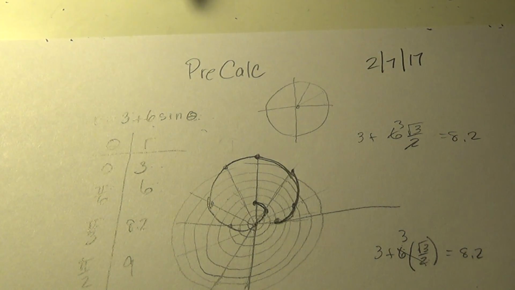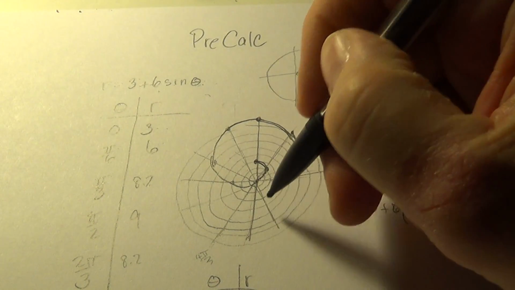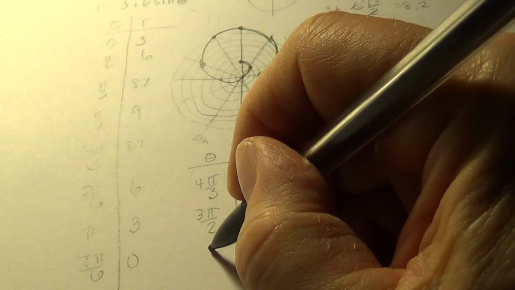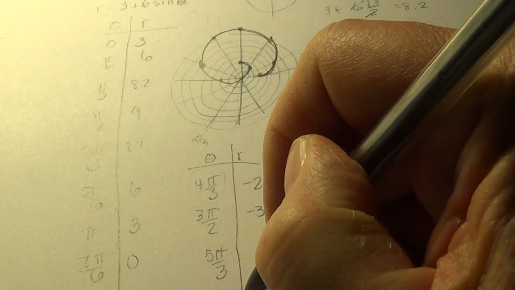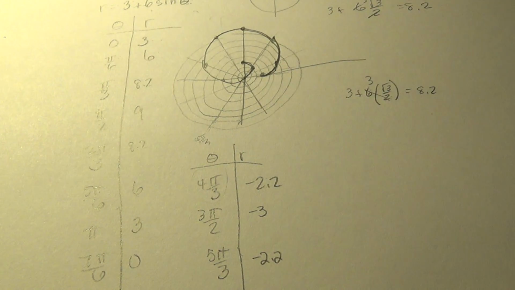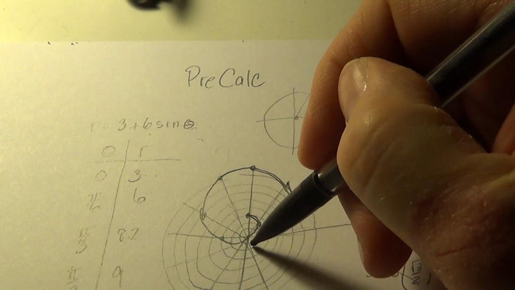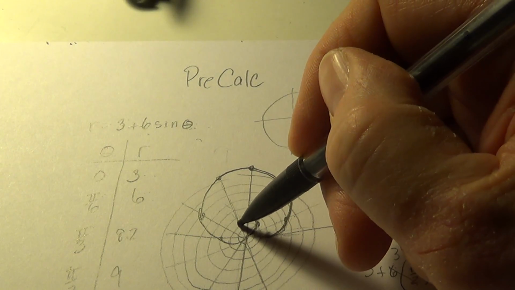All right. And 5 pi over 3, which will be this one. Put down here on my chart. 5 pi over 3. When I plug it into that original problem, I'm going to get a negative 2.2. Some numbers keep coming up. So here's the angle. I'm going to reflect back 2.2. 1, 2, and a little bit.